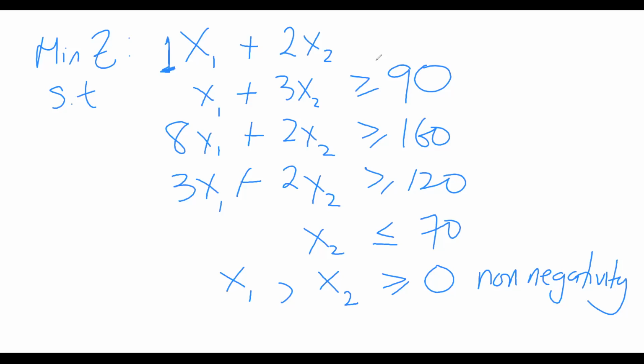It can be 0, meaning you're producing no chair or no table, but you cannot produce negative 0.5 or negative 0.6 of a chair. You can have a fractional part because it can be a work in progress where you're not finished with it yet. So fractions are allowed, but negative numbers are not allowed.